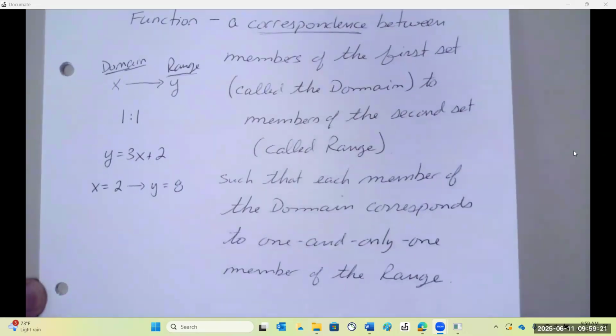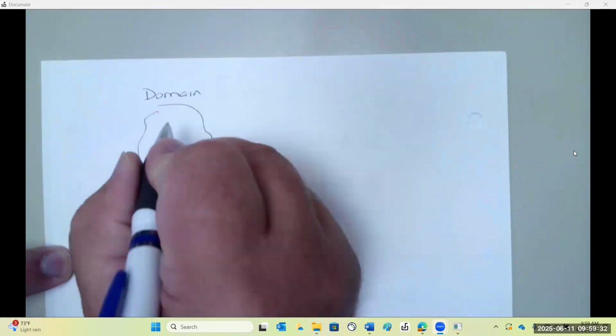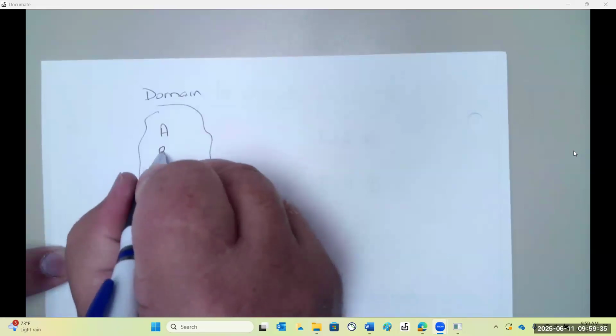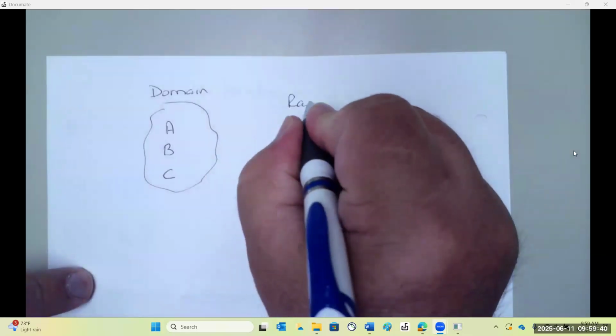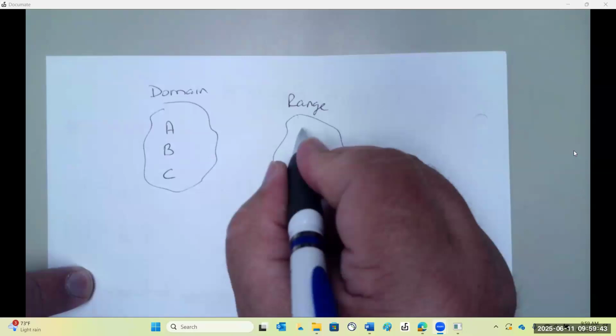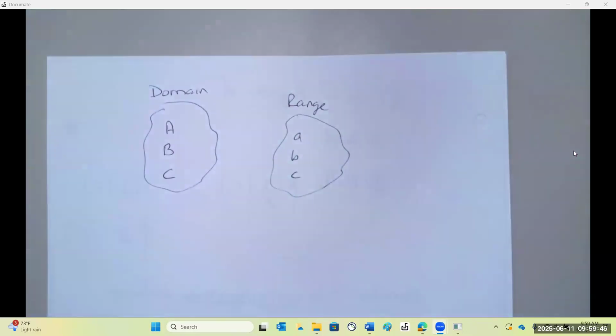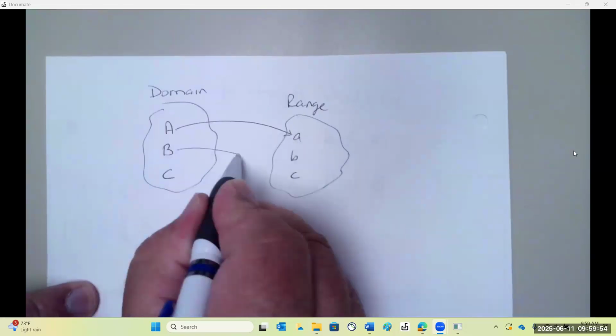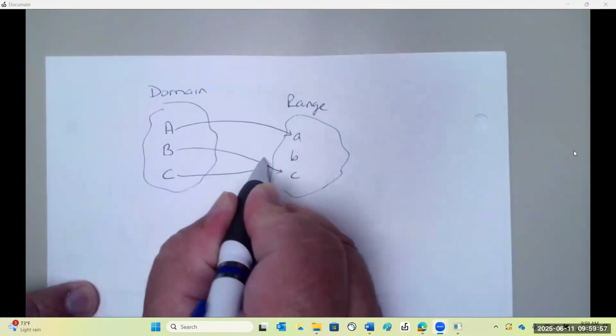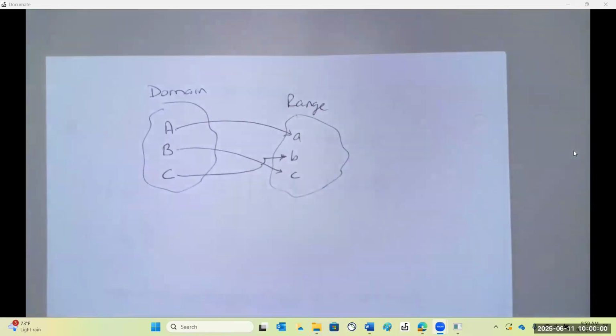So this is how you'll see it in most math and logic books. So here's what it's saying. You have all of your members, your elements of your domain, A, B, C. And you have your members of your range, A, B, C. A correspondence, that's an example of a correspondence.